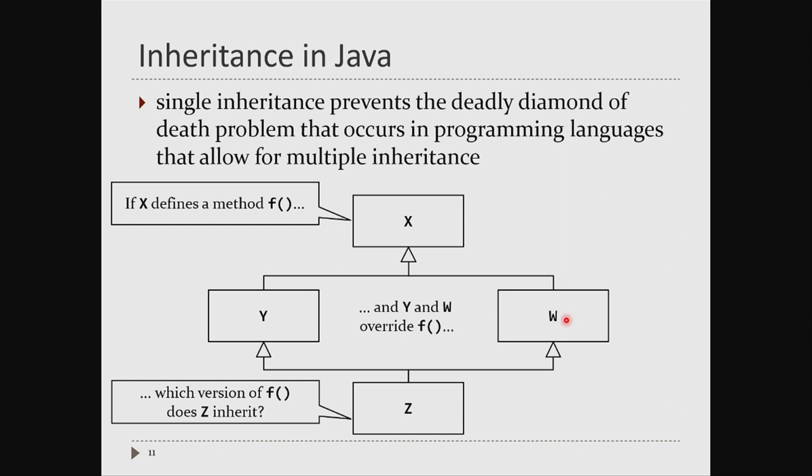Now, if z is the subclass of y and w, you have to answer the question, what version of f does z get? z can override f, in which case there are now four versions of f. If z doesn't override it, does it get y's version, w's version, or x's version? Who knows? This is the problem that the other languages that allow for multiple inheritance have to solve.